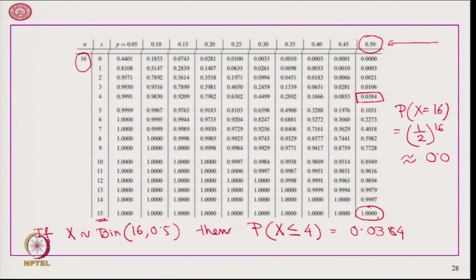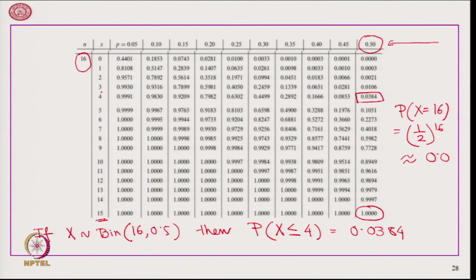I would suggest that you go to the table and try to see the cumulative probabilities, and if you want to experiment, you can compute these values for some x, for some n, say n less than 16, you can take it to be 5, and try to compute the values of probability for any given value of p and for a given value of x.